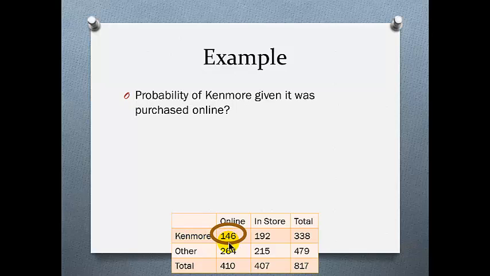And we have to put that over the given number. So we don't divide by the total, we divide by the given information, given it was purchased online. The online total is 410. So we'll take 146 out of 410, and that's 0.356 for our probability.